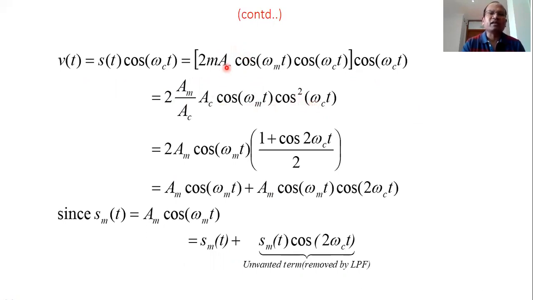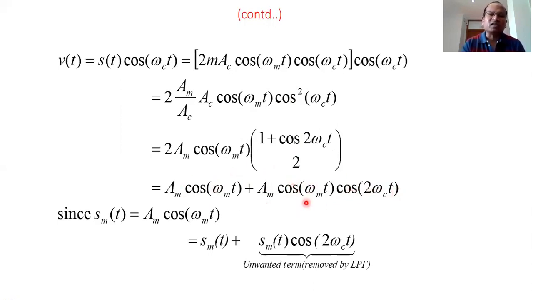In place of m, we are writing AM by AC. So it can be written as 2 AM cosine omega MT, and cos square omega CT can be written as 1 plus cosine 2 omega CT over 2. This can be further expanded as AM cosine omega MT plus AM cosine omega MT into cosine 2 omega CT.